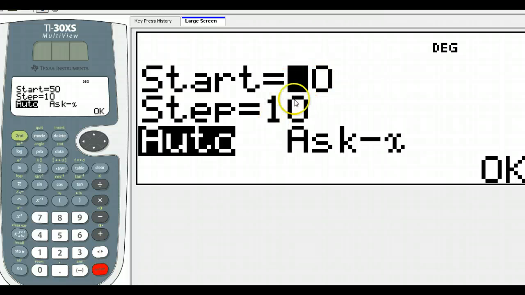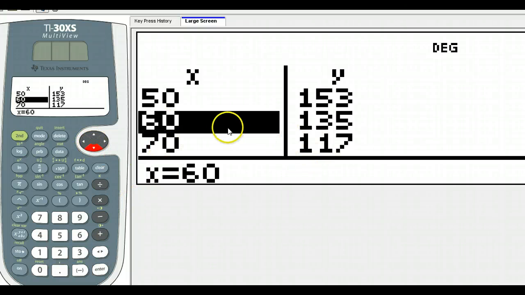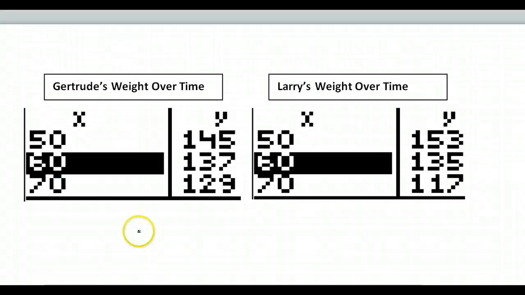This is set to start at 50. I can adjust if I need to. I'm going to keep letting it jump by 10 for right now. Okay, so here's a snapshot of Larry's weight over time, and I think I'll cut and paste this so I can put them side by side.